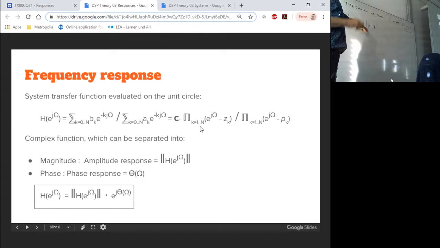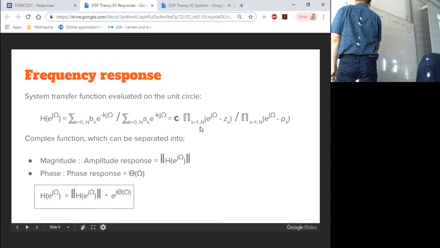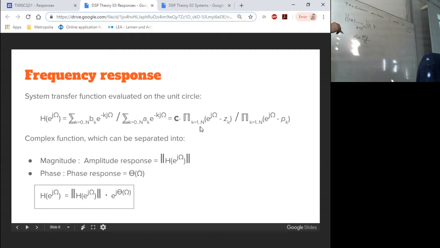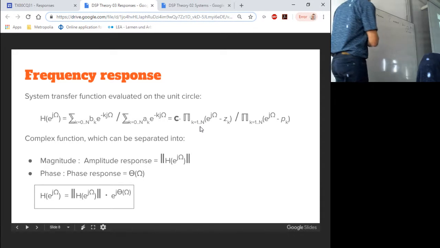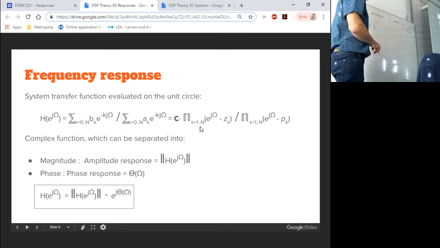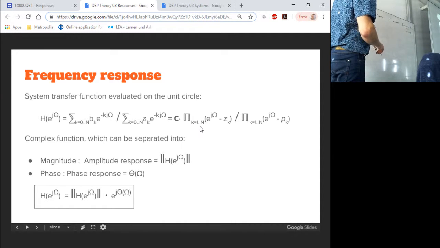It depends on sampling rate. Omega actually is the same as 2 pi times physical frequency divided by sampling rate. That's the angle on the complex plane.